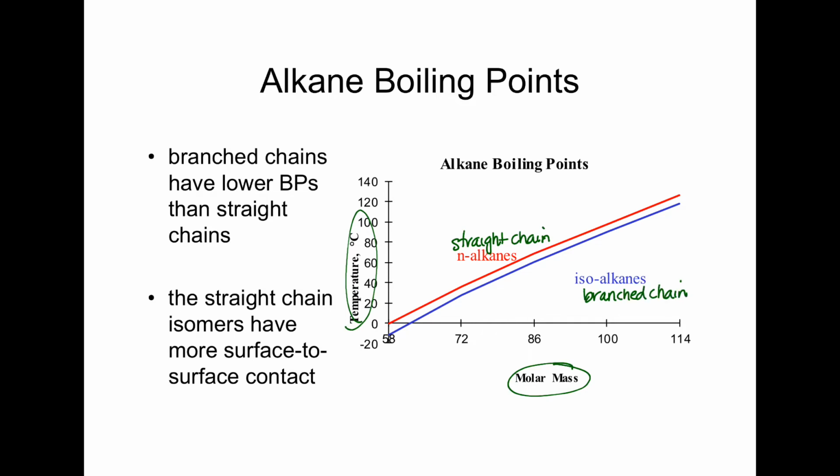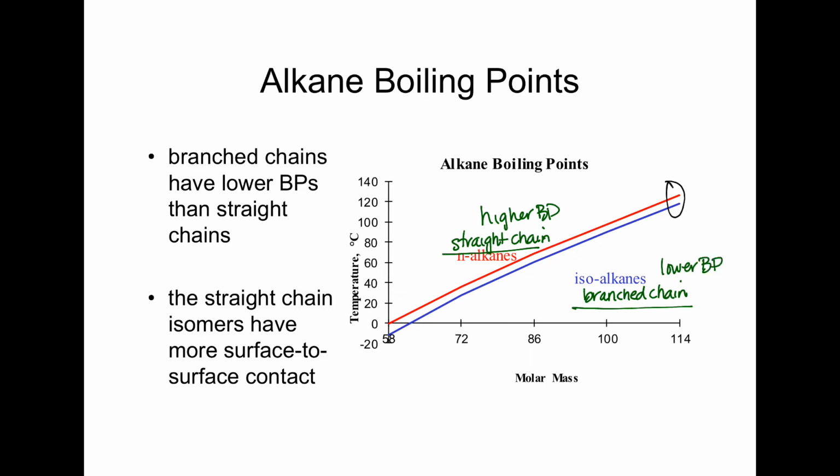So what this graph is telling us is that it doesn't really matter what the molar mass is. The relationship between these two here, so the red and the blue, is that the red one, the straight chain, is always going to have a higher boiling point than the branched chain.